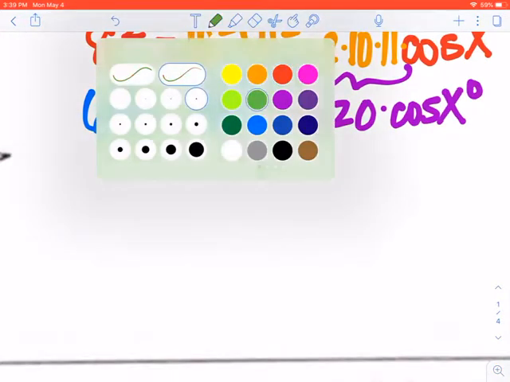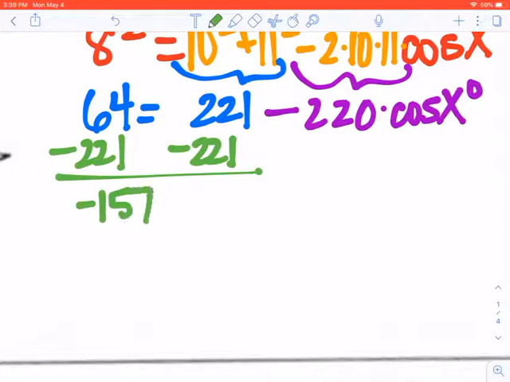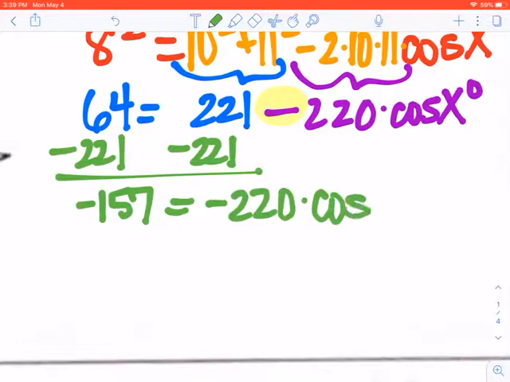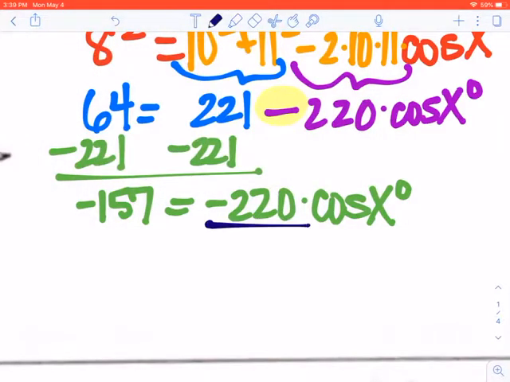The first thing you do is subtract the 221 over. So 64 minus 221 is a negative 157 equals, don't lose this negative. A lot of people want to lose that negative, but it was negative 2 times 10 times 11, equals the negative 220 times the cosine of x. And now it's being multiplied, so I can divide both sides by negative 220.